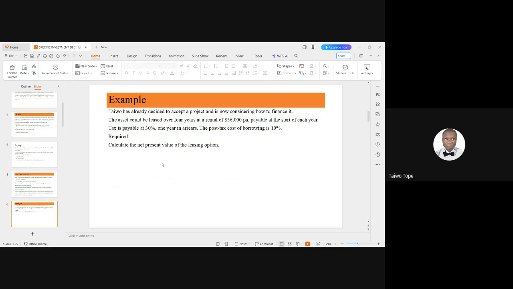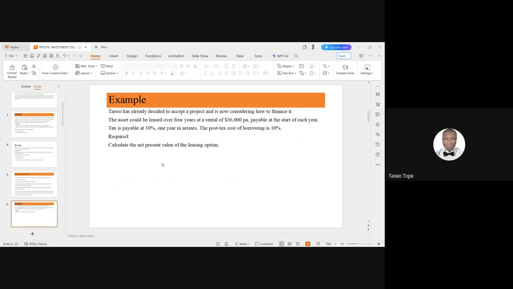Now, from this question, it's very important you highlight the variables in the question. One, we have the lease rental, which costs $36,000 per annum, and the duration of this lease will be 4 years. And the timing of payment will be the beginning of each year.